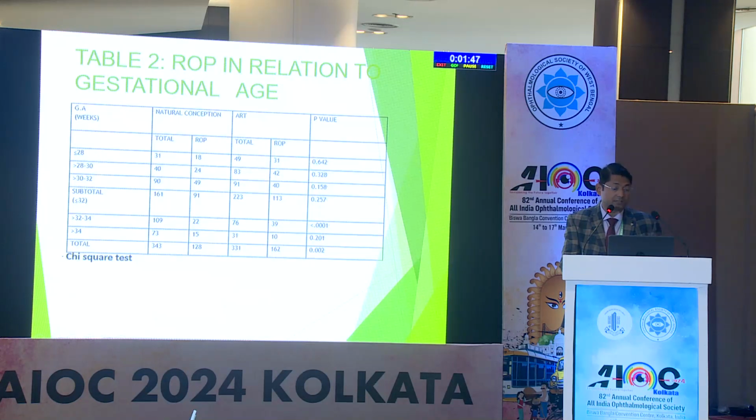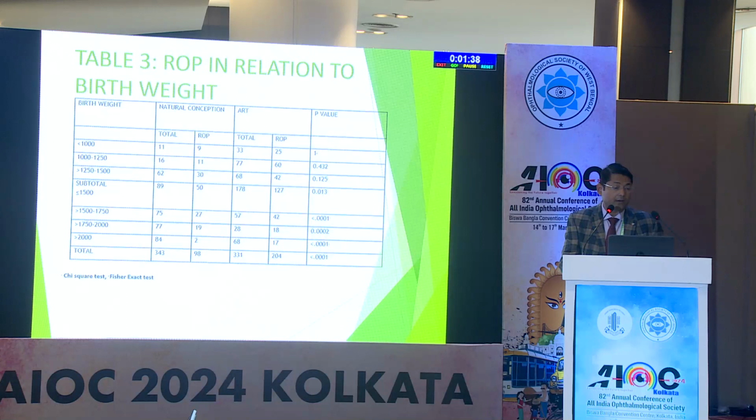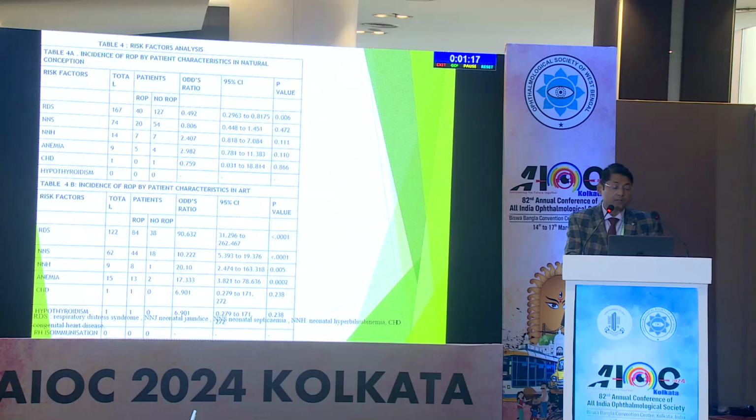Again, in table 2 we can see on gestational age, 32 to 33 to 34 weeks, the babies are more in ART compared to the conventional group. Comparing birth weight between 1500 to 1750, the ART babies had more ROP compared to the conventional group. In bigger babies also we saw that babies with ROP are more compared to the conventional group. We also analyzed some risk factors, where respiratory distress syndrome, neonatal jaundice, neonatal septicemia and neonatal hyperbilirubinemia were the main risk factors in these babies.